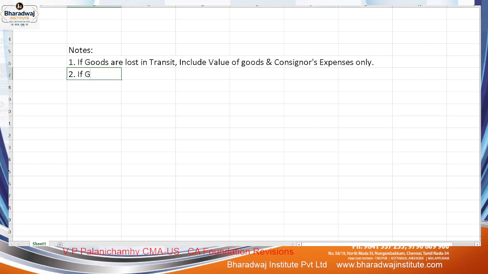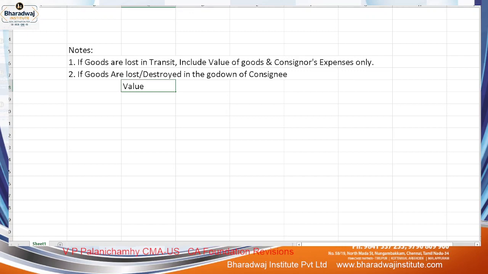Next, number two. If goods are lost or destroyed in the godown of consignee, how do we calculate? When the goods are lost in the godown, we will include which one?